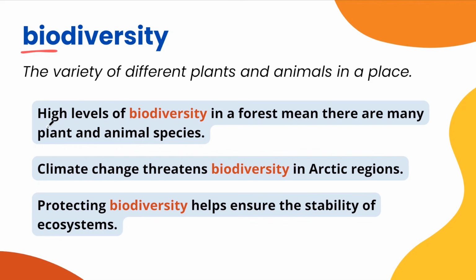Some common collocations, you're going to have high levels or low levels of biodiversity. You can threaten biodiversity to make it worse. Maybe the animals and plants become endangered. You can protect biodiversity to ensure that the plants and animals in a place can survive.